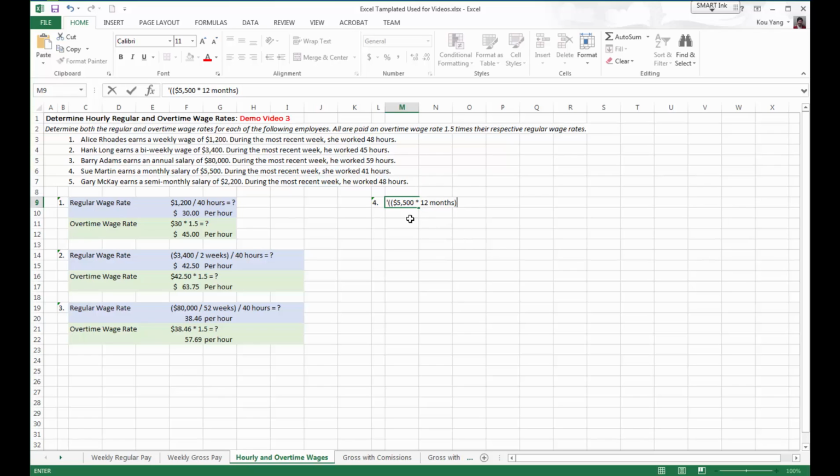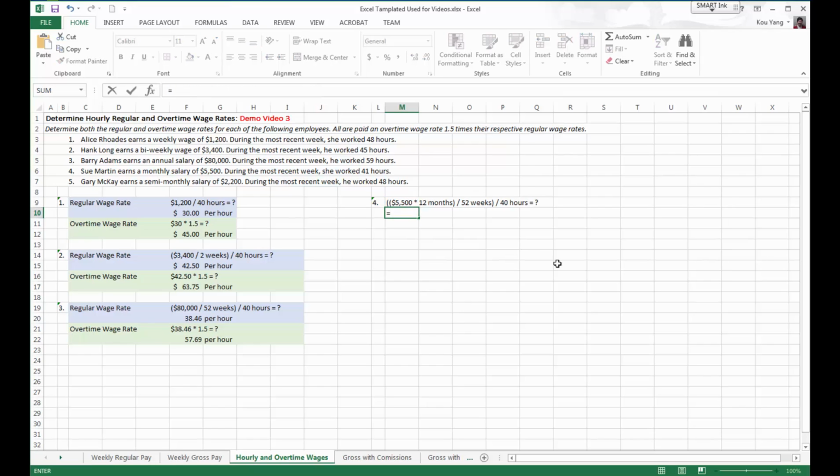I'm going to take that $5,500, convert it up to a year's salary, and once I'm done with that, I'm going to divide it by 52 weeks. Once I'm done with dividing it by 52 weeks, then we'll divide it by 40 hours to find her hourly rate.